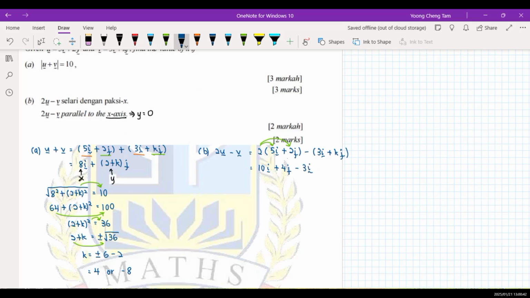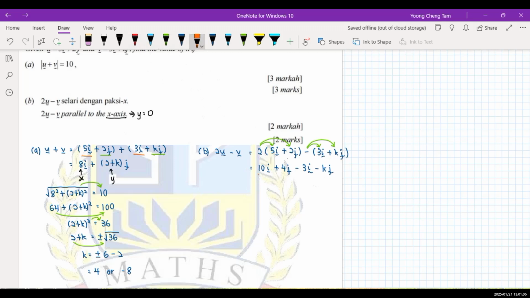This is very important because you have the bracket, so it will be minus 3i minus kj. Don't make a mistake with the negative. It will be minus kj, not plus kj. Now group the like terms.